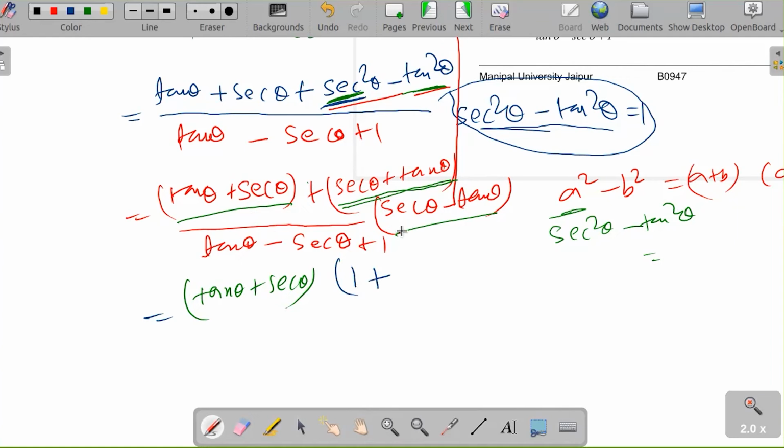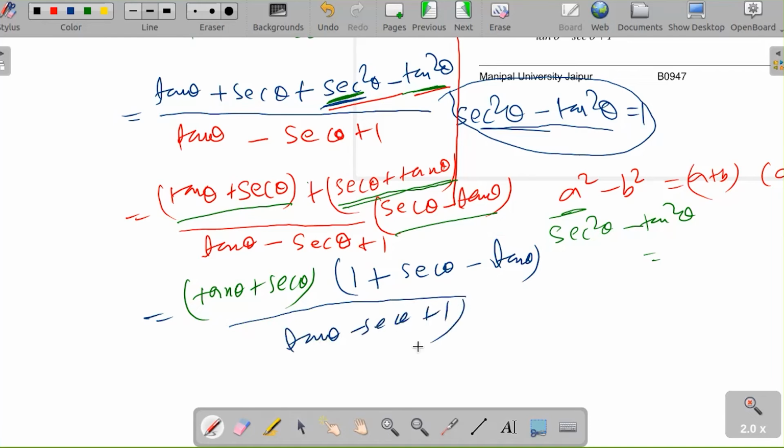And here it remains sec theta minus tan theta, divided by tan minus sec plus 1. Okay. So can this and this be cancelled out? I mean this whole bracket term.